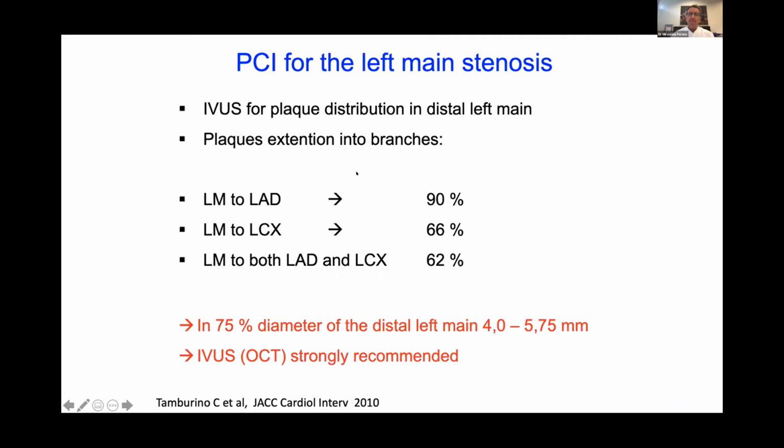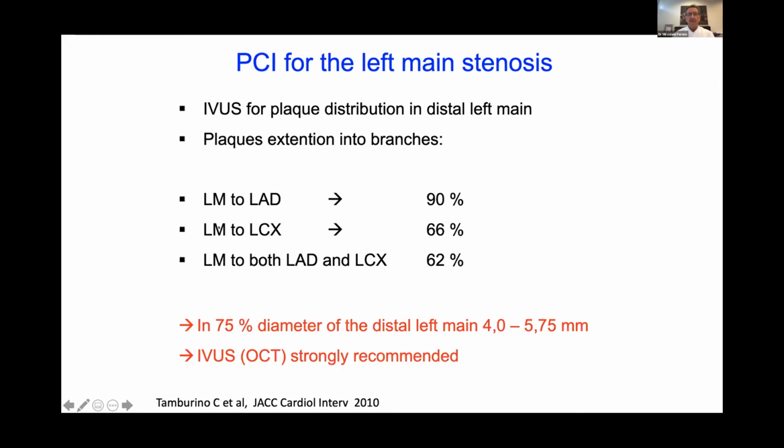It is important to know the plaque distribution, which we know from many IVUS and OCT studies. In 90% of cases the plaques go from the distal left main to the LAD, and this explains why we usually stent primarily from left main to LAD. This is the first way of stenting.